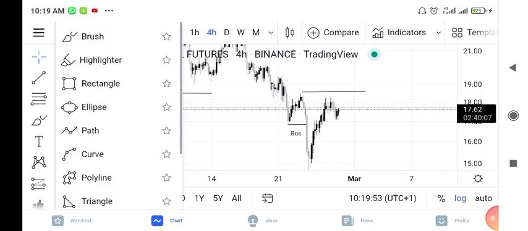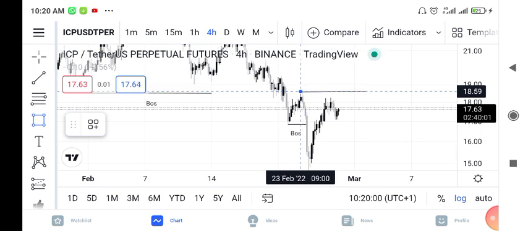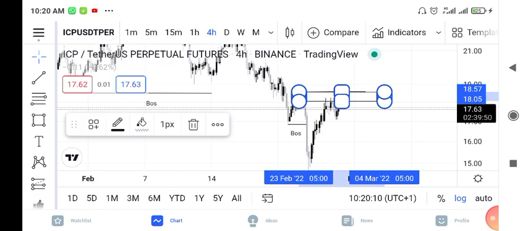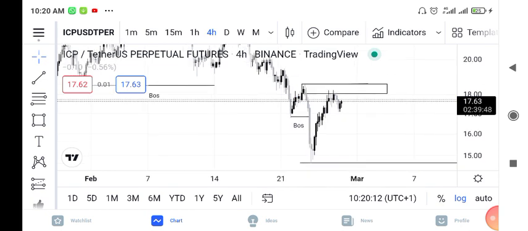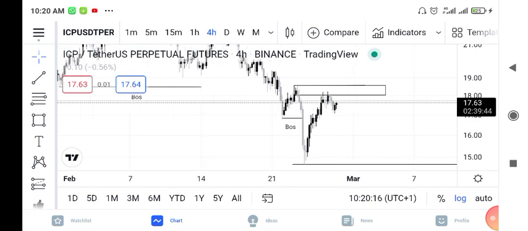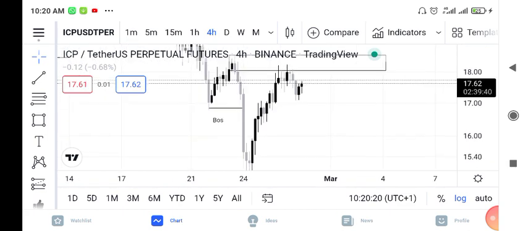That's going to be the last bullish candle before price all of a sudden went bearish. Right. So we're going to mark that out. And as you can see, that's exactly where price is reacting off of.